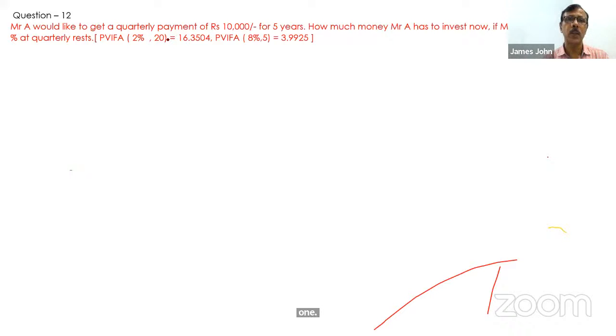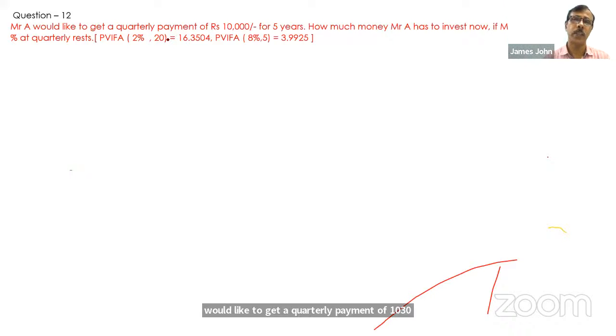A would like to get a quarterly payment of 10,000 for 5 years. How much money A has to invest now? A earns interest at 8% quarterly, and you have been given PVIFA 2% 20 and PVIFA 8% 5.